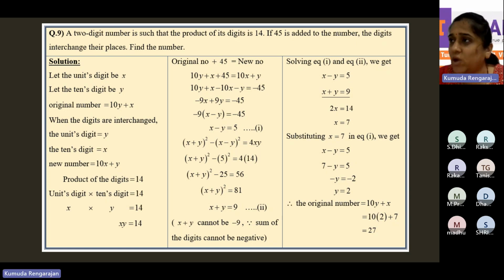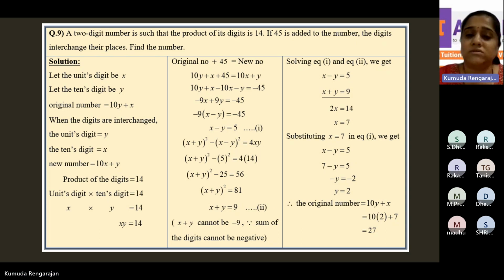Below that, write what is the original number: 10y plus x plus 45 is equal to the new number, that is equal to 10x plus y.